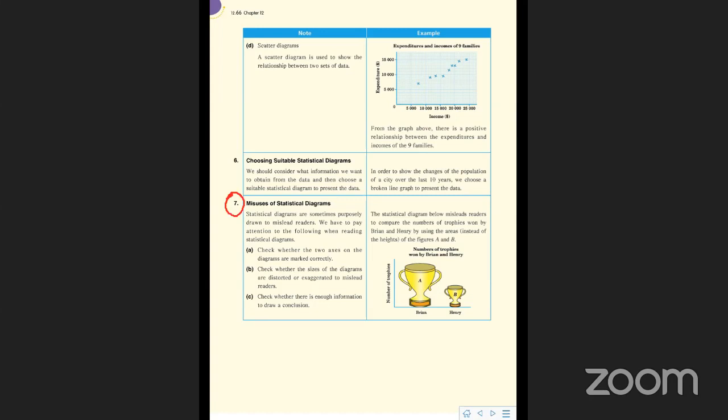We will revisit this topic when you are in Form 5 or Form 6. Your teacher will discuss with you again this topic, misuses of statistical diagrams. Therefore, I think the most important is the previous one. At least you should know how to draw the statistical diagrams and then read the diagram.